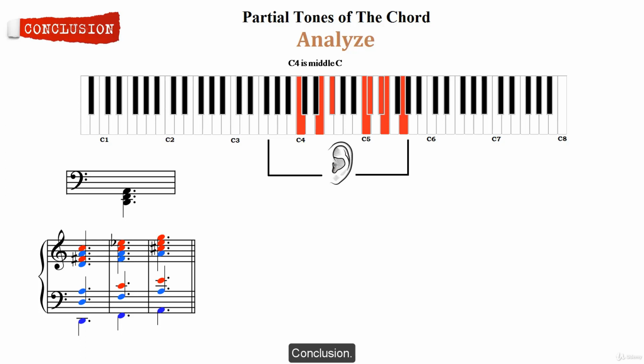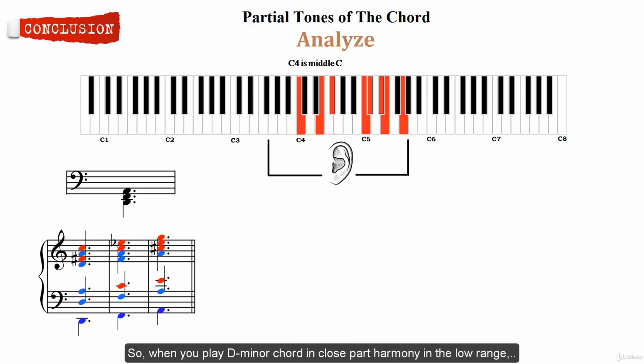Conclusion. When you play a D minor chord in close part harmony in the low range, you should know that C, C sharp, E flat, E, F sharp and G notes will also sound, because these partials have a rich sound and are more audible, and these partials are in the approximate best range of human hearing.